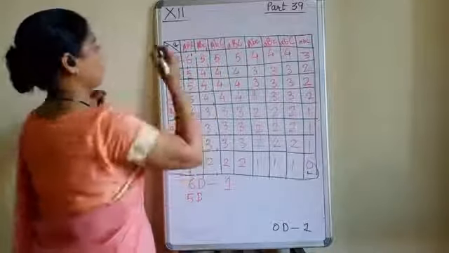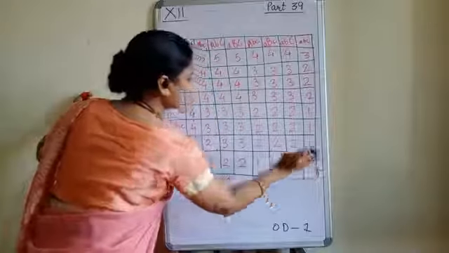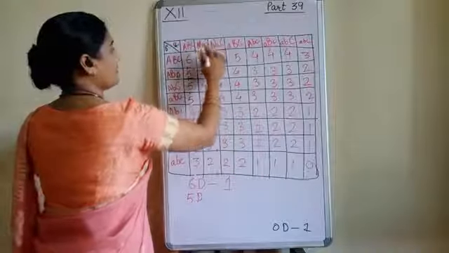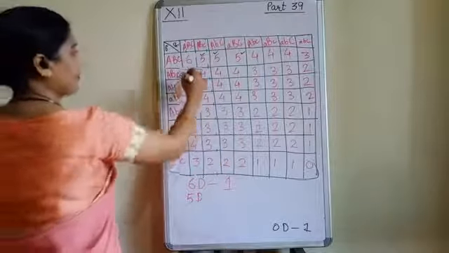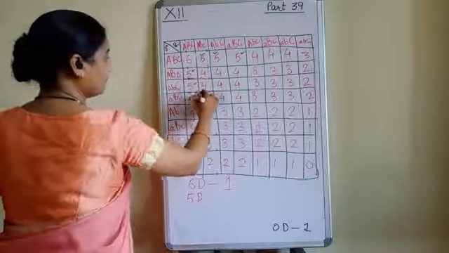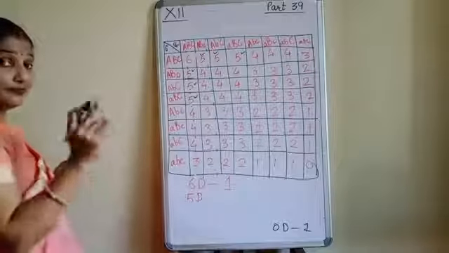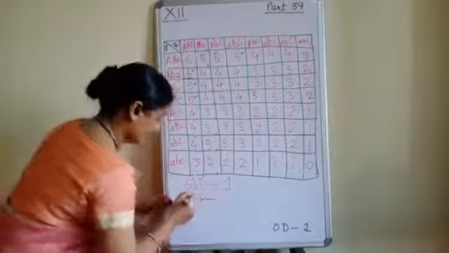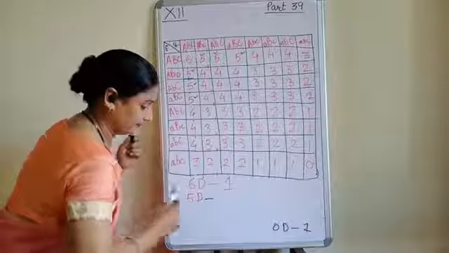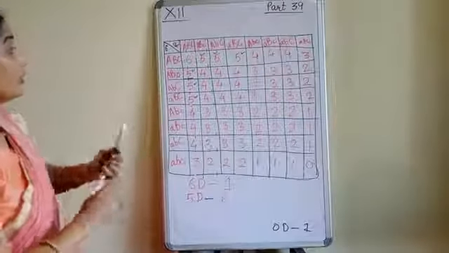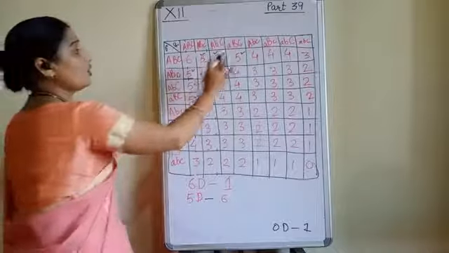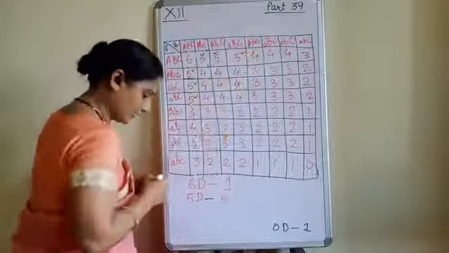Okay, let me remove this. 1, 2, 3, 4, 5, 6. How many 5 dominant? 6. Now you count 4. How many 4 dominant we got? Okay.